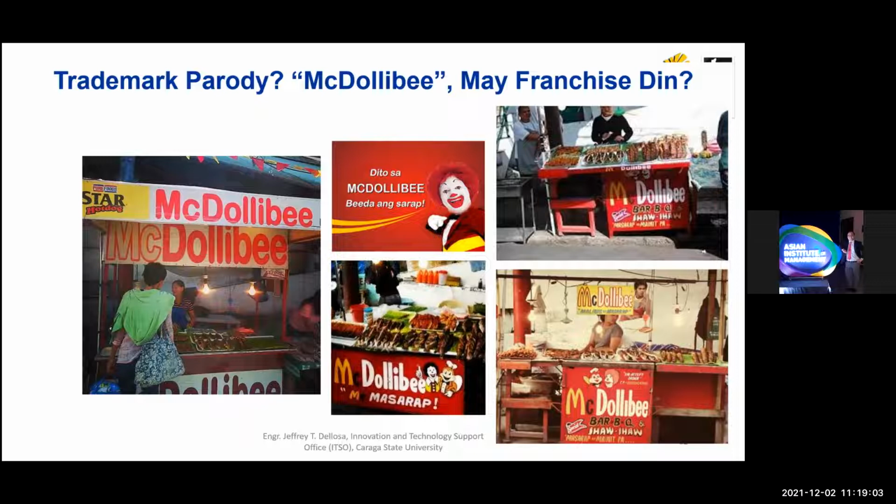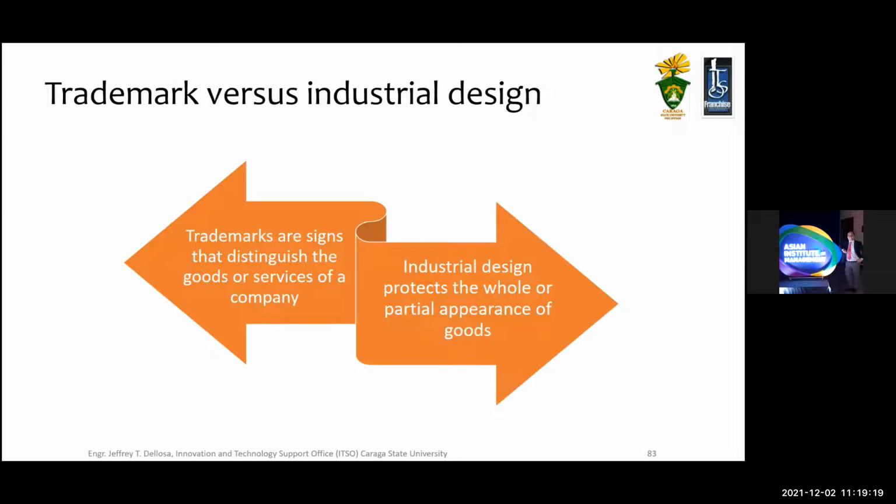So they're not really a threat to these big companies, and that's why it continues to be there. But when you try to apply for a trademark for this, it's difficult to pass. That's for sure.